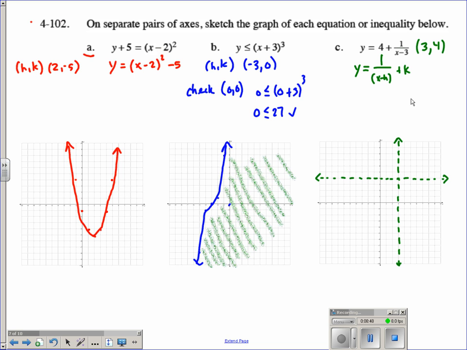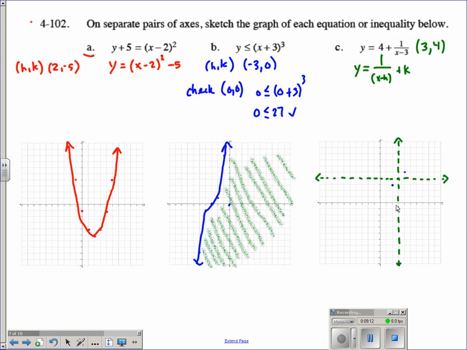Now, we need to make the actual graph of the points that would work here. Normally, since our a value would have been 1, we're probably going to have a point that's 1 away from our locator point and 1 up. So let's graph it in blue. Let's put a point right there. And then we probably would have a reflection there.